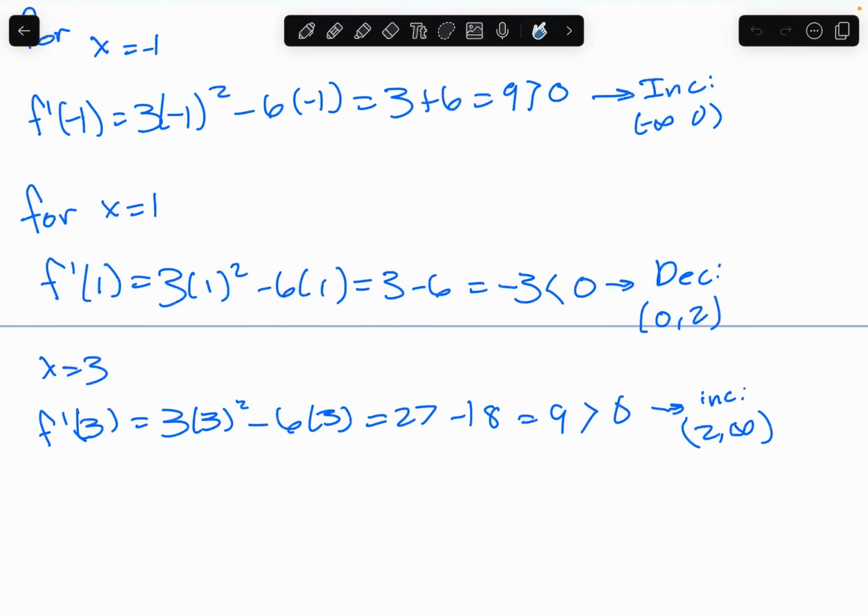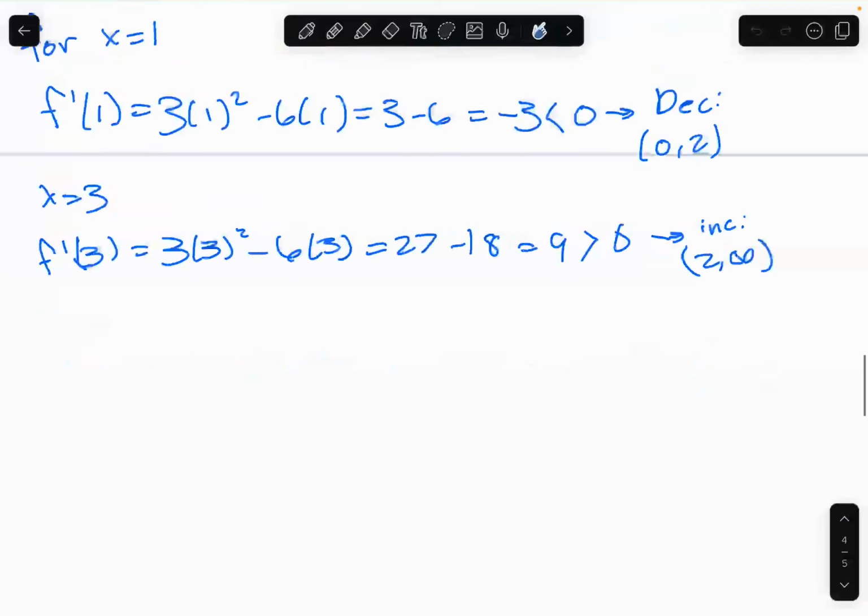And lastly, we take our last test point, and that is 3. We plug it into the derivative equation, not the original equation. So f prime of 3 equals 3 times 3 squared minus 6 times 3.